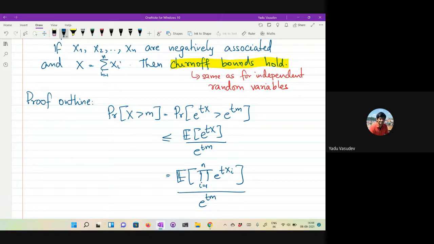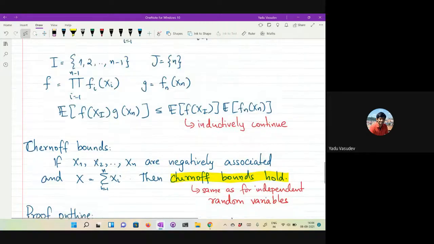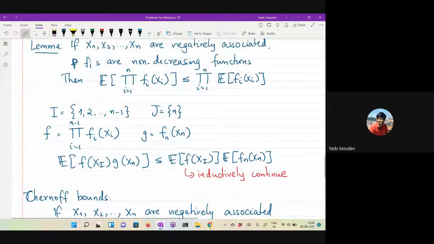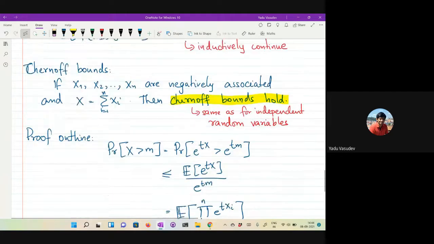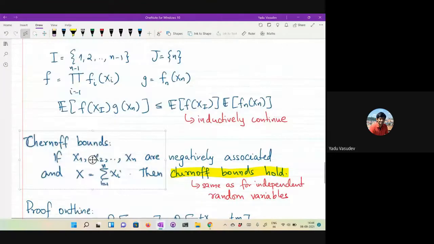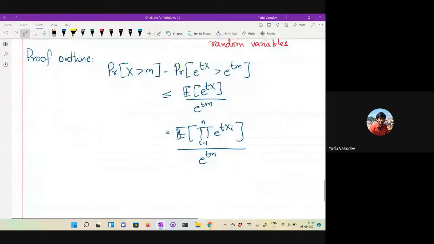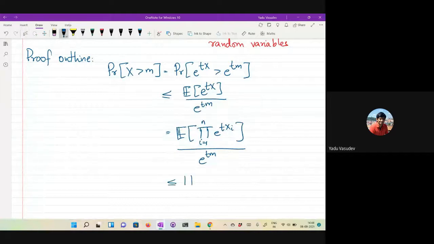The next step was where we use the independence to bring the expectation inside the product. But now you notice this statement about negatively associated random variables, right? If you have the function fi on xi's, where xi's are negatively associated and fi's are non-decreasing functions, which is the case here for this e power t xi's, then instead of an equality, I can say that this is at most the product of i equal to 1 to n, the expectation of e power t xi, divided by e power tm, right?